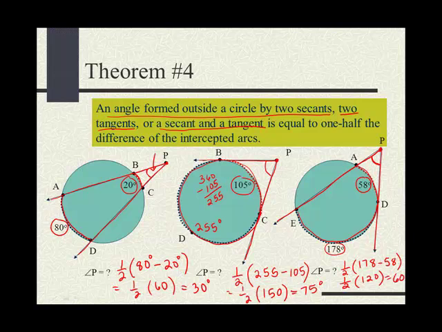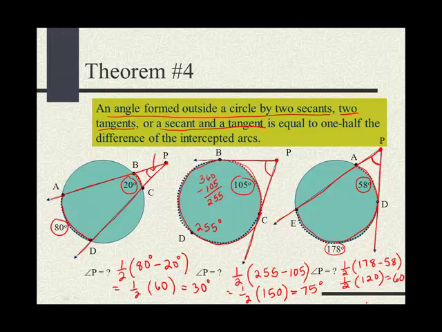This concludes the last theorem of this lesson. I hope what you've seen in all these theorems is that the angles that we're looking at are either on the circle, they are inside the circle, or they are outside the circle. And they're always measured by half of something.